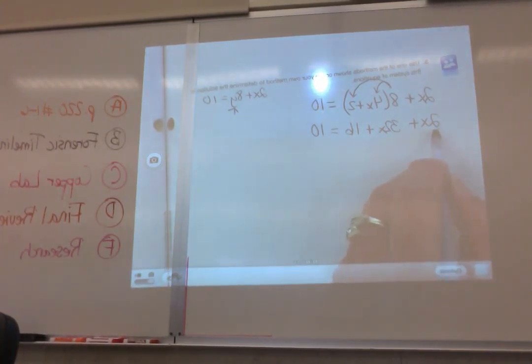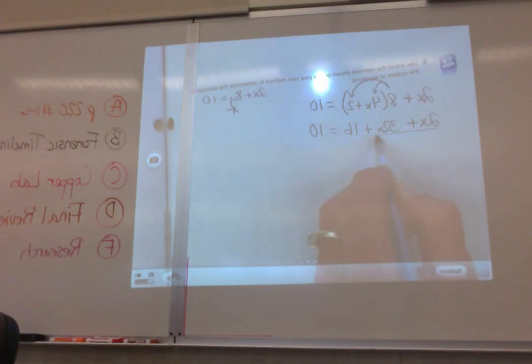Look at this. 2x and 32x. What can I do with those? I underlined them to help you know they have something together.